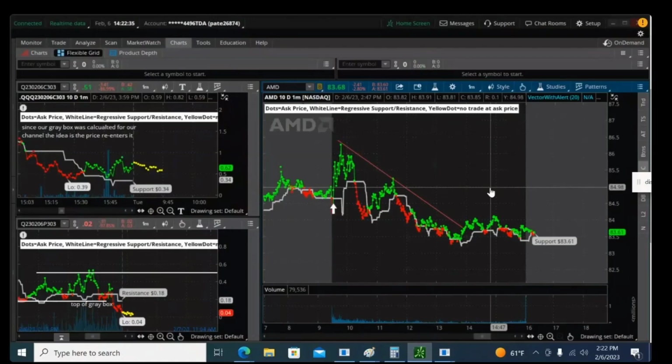Citadel did not manage it with GME, but I'm just saying they should. So if they sell a boatload at 85, 50,000 or something, they have every reason in the book to keep this under $85. They're on the hook for millions and millions of dollars in shares of stock.